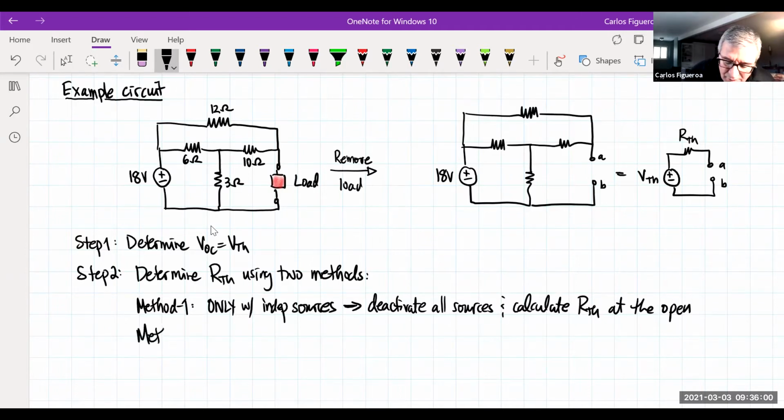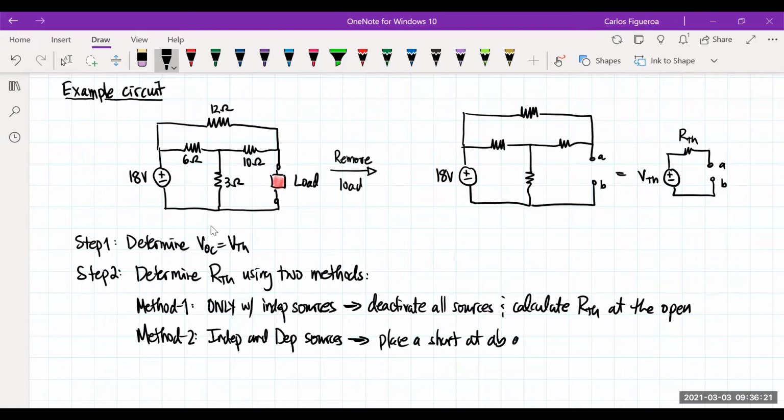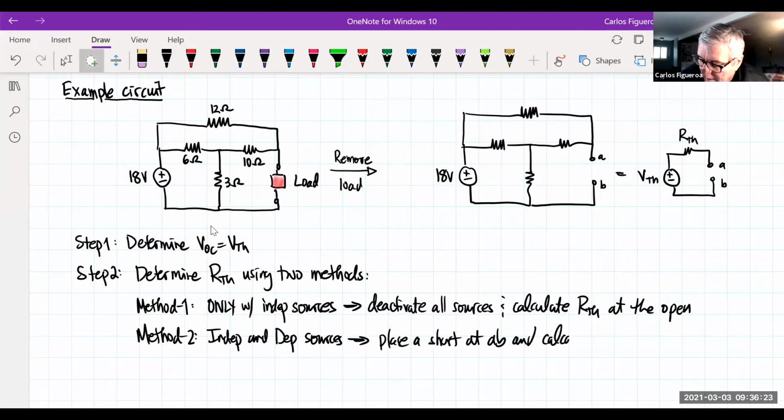Method two, you have independent and dependent sources. What it says here is that you place a short at AB and calculate I short circuit.